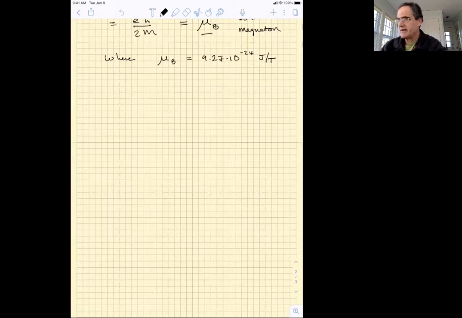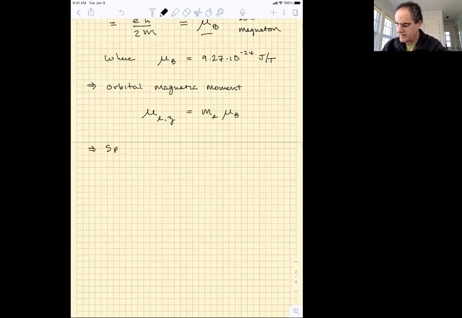And finally, we should recognize that magnetism can arise from orbital angular momenta. I wanted to say orbital contributions to the magnetic moment. Or we could have spin contributions to the angular momentum.